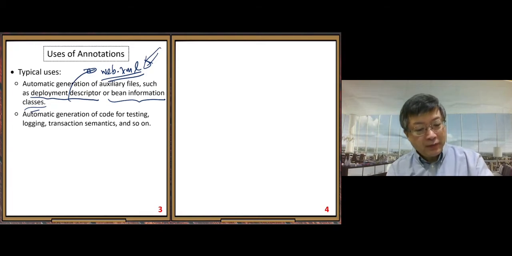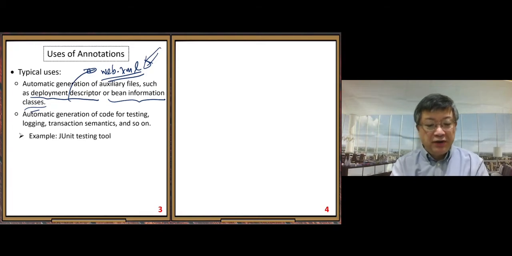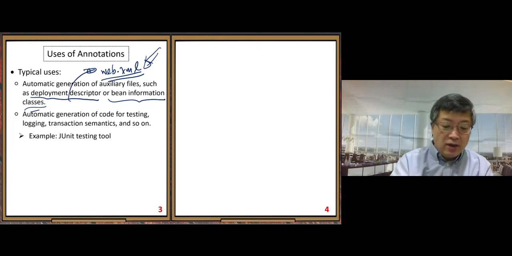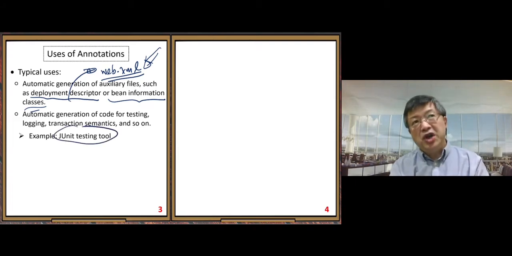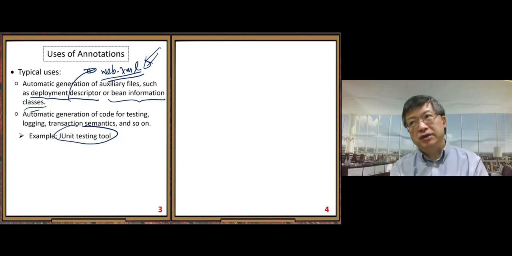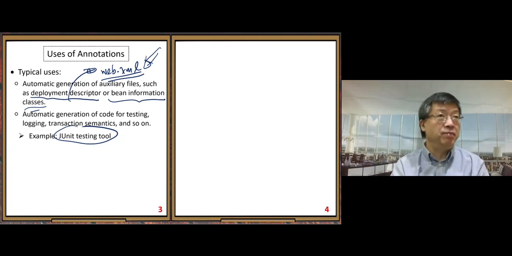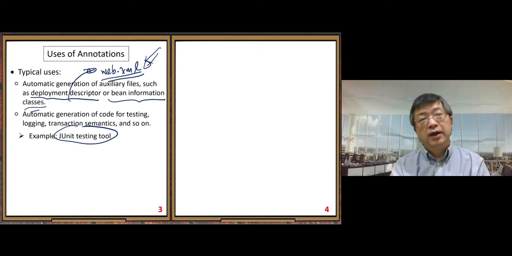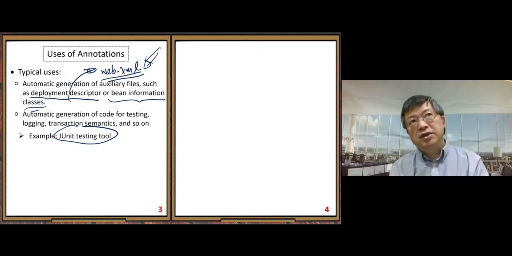All right. Simple example: the JUnit testing tool. We will use the JUnit testing tool in our project. So I will show you some examples. Then, when you develop your project, you can try a little bit.